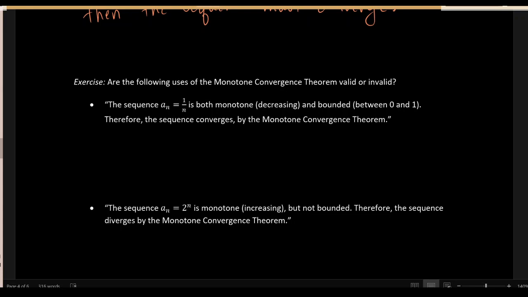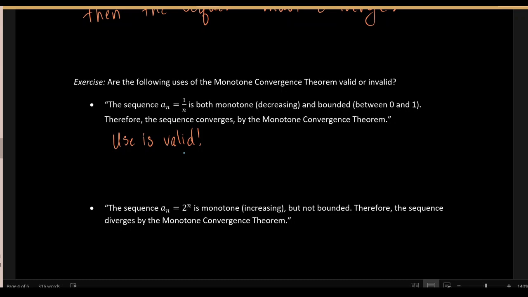This use of the Monotone Convergence Theorem is valid. The first thing that this student checked was that the hypothesis of the Monotone Convergence Theorem was satisfied. The first thing that needed to be true was the sequence was monotone. The second thing was that the sequence was bounded.